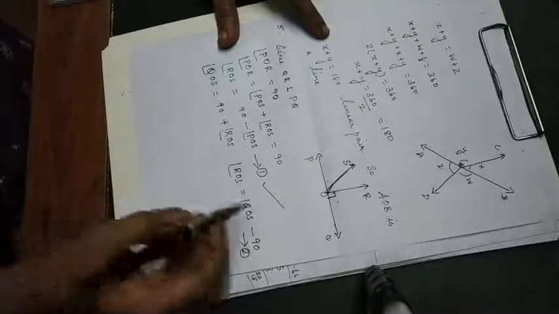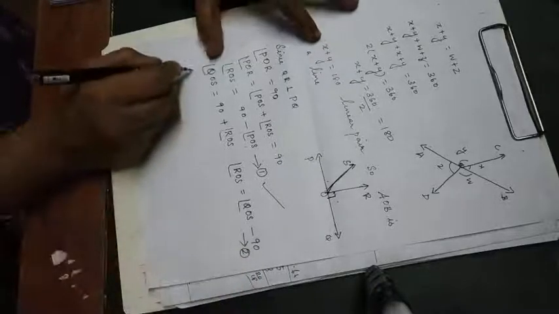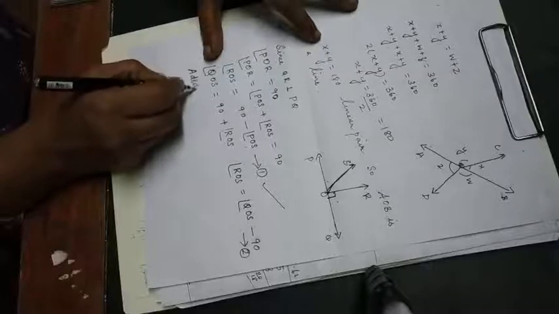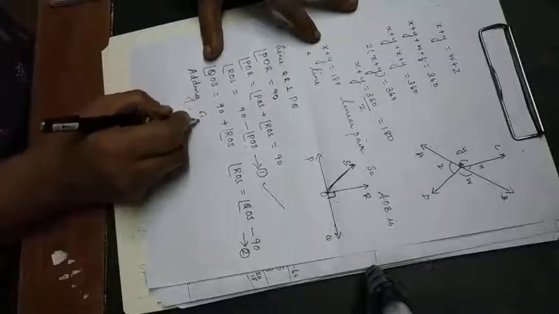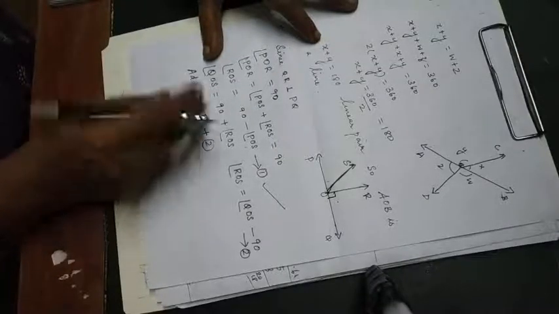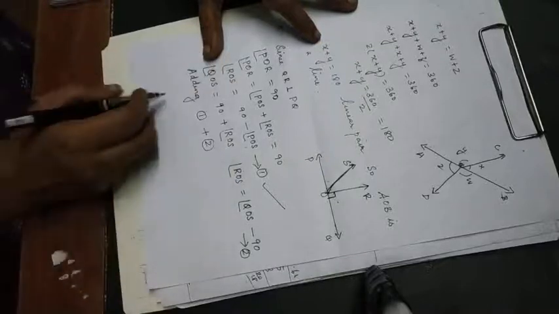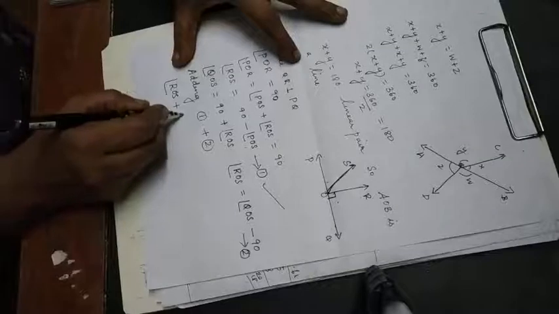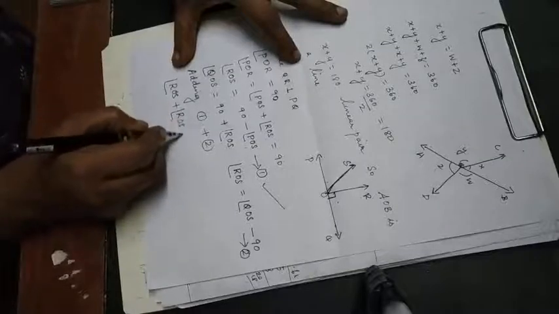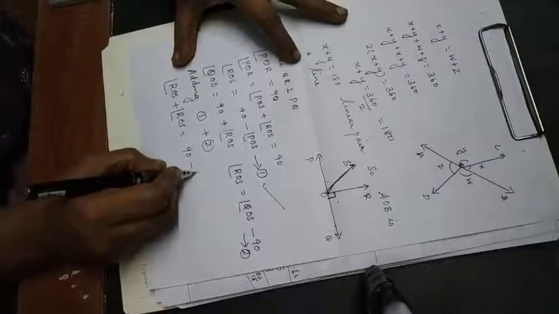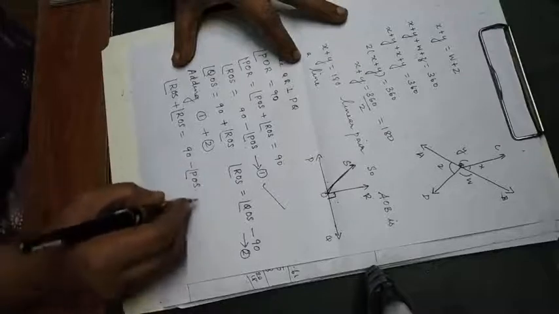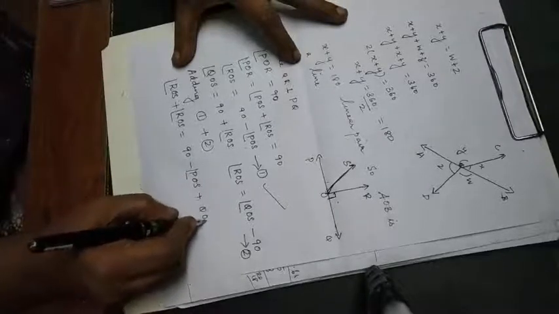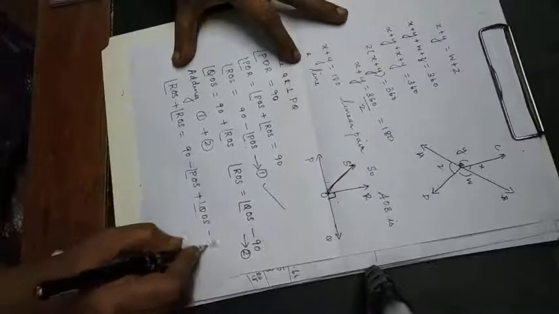Okay, so adding these two equations, adding 1 and 2, what will you get? Both sides: ROS plus ROS equals, the first one 90 minus POS, plus QOS minus 90.